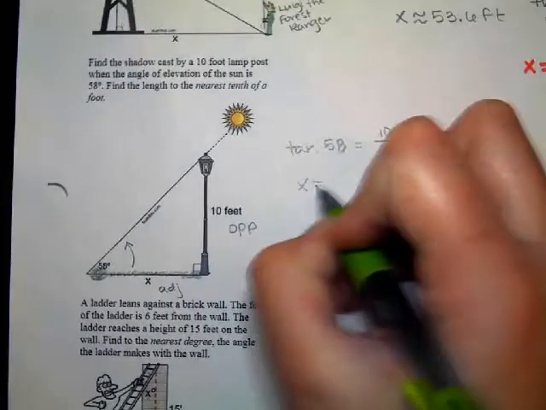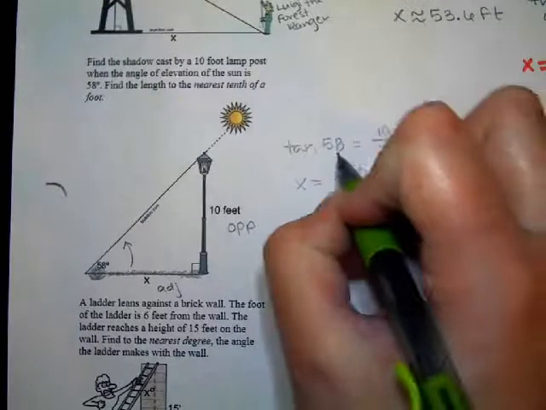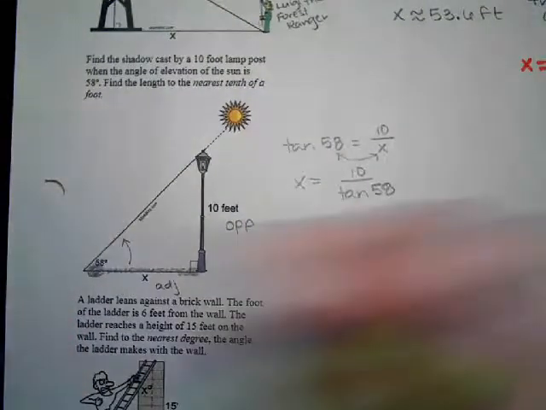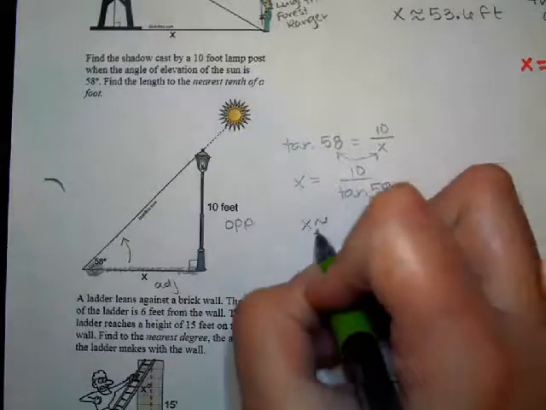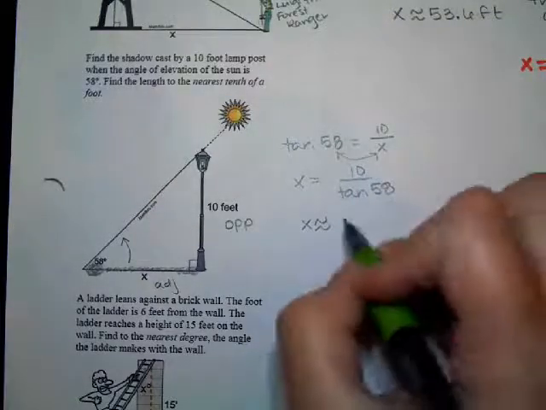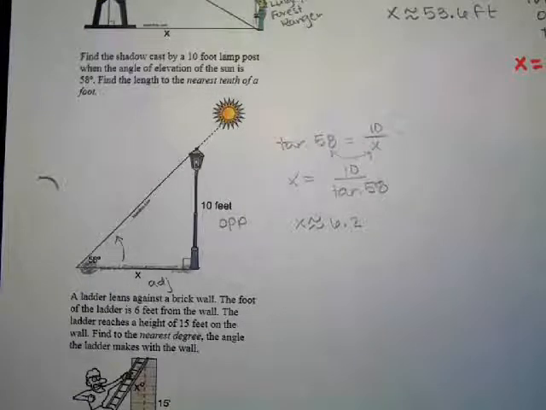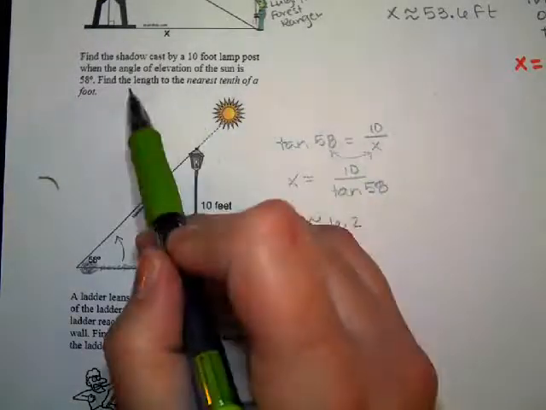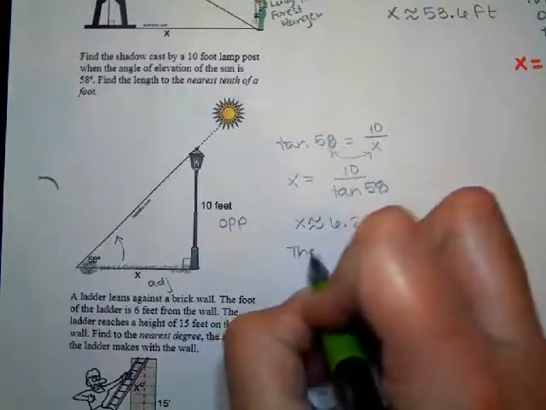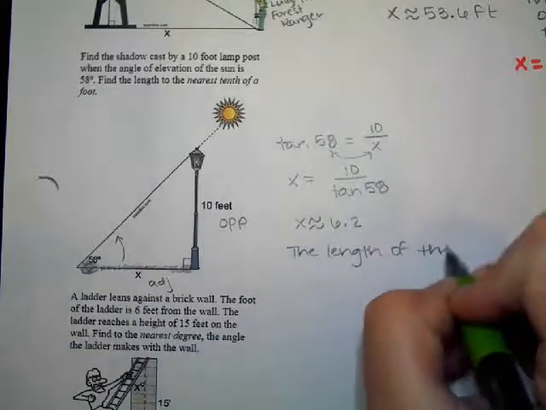We can just switch these two. And so x is what? Okay, so we're going to say the length of the shadow is 6.2 feet.